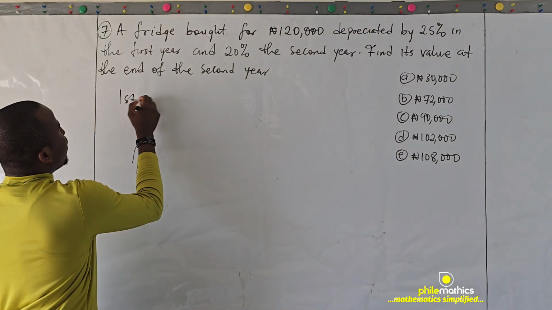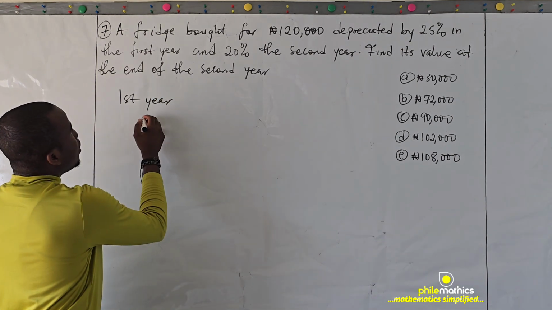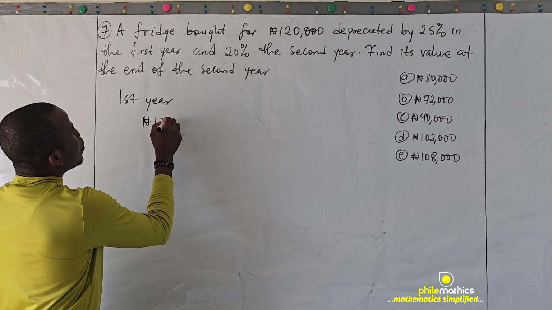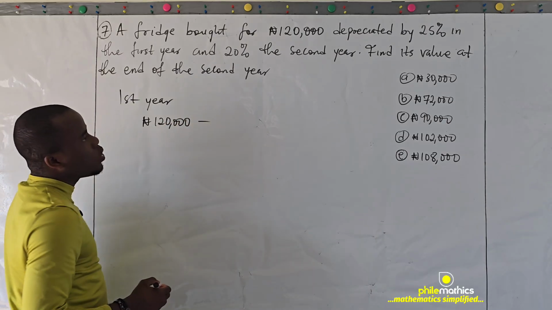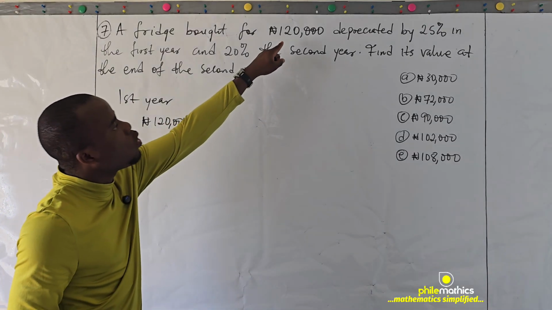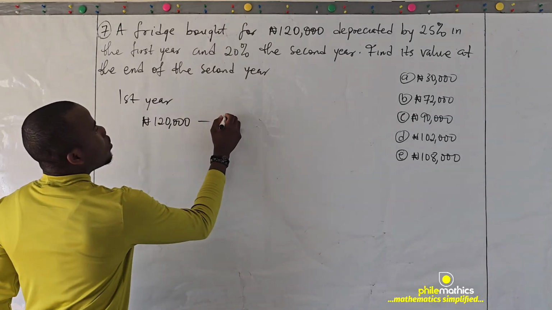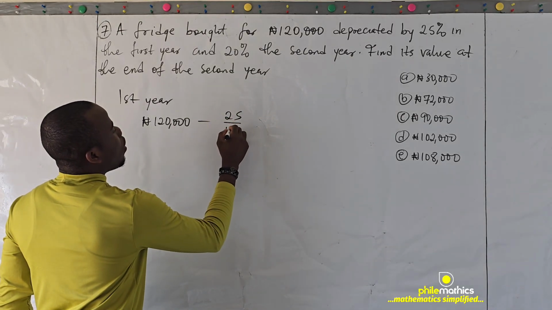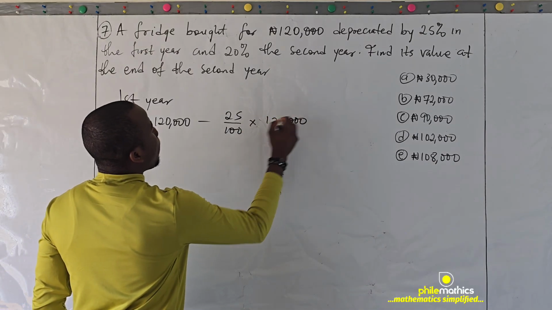So first year, its value will be its current value 120,000 minus 25% of this, meaning its depreciation. 25 over 100 times 120,000.